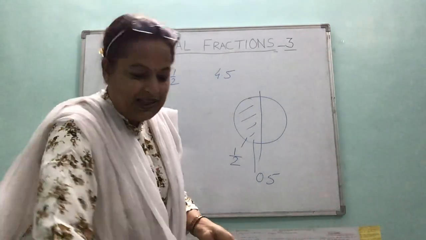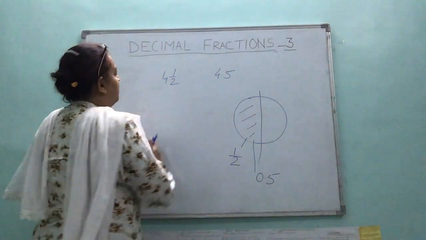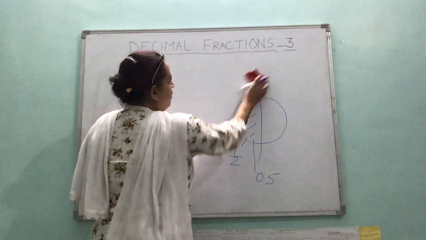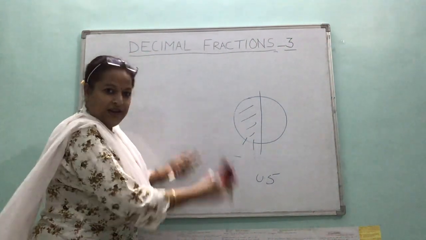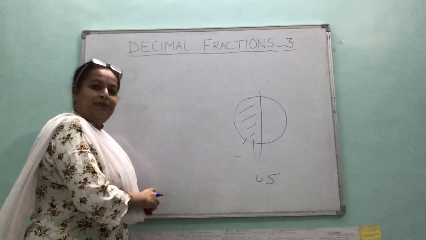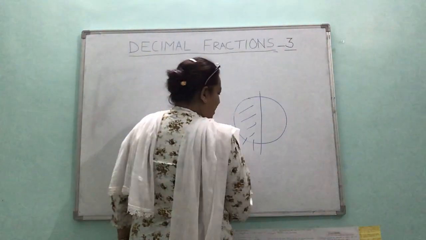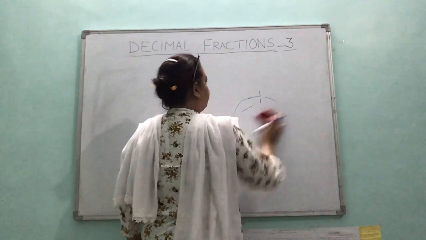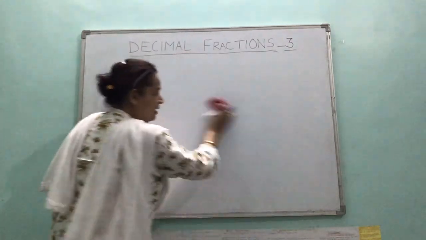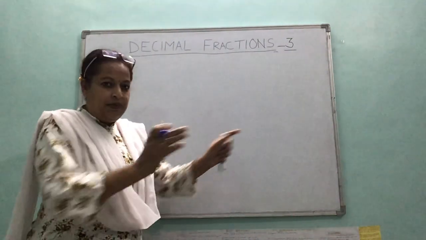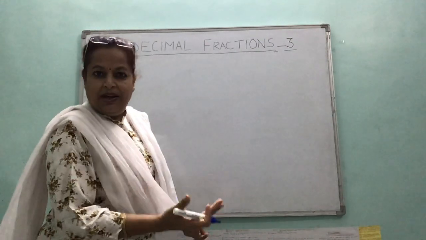If they are representing the same thing, we can easily convert one form to the other. So my class today is based on that only. Today's class is interconversion, that is, how to convert fractions to decimals and decimals to fractions. Now you have understood that both are representing the same thing, so they can be interconverted.